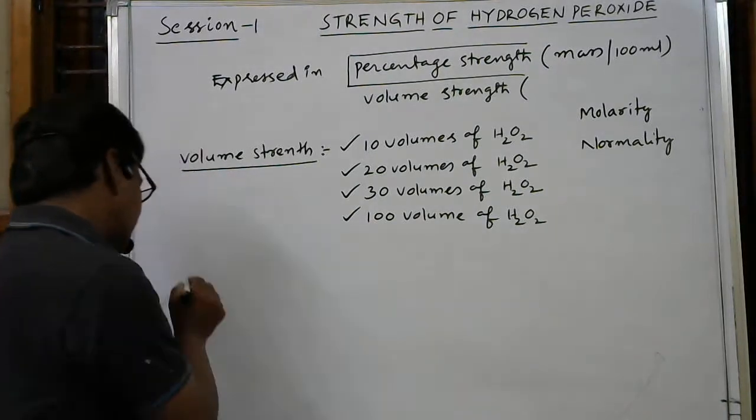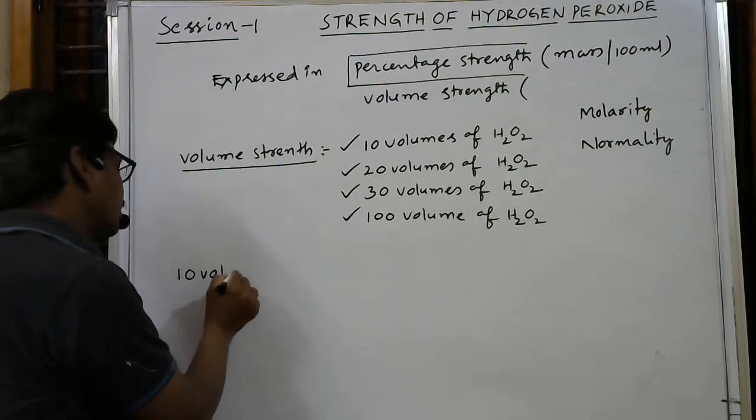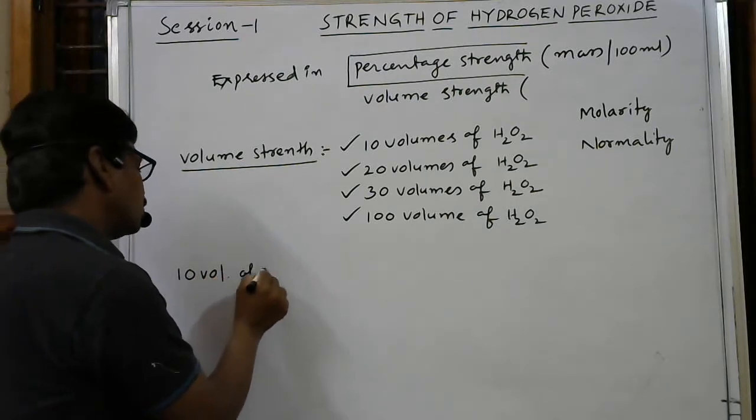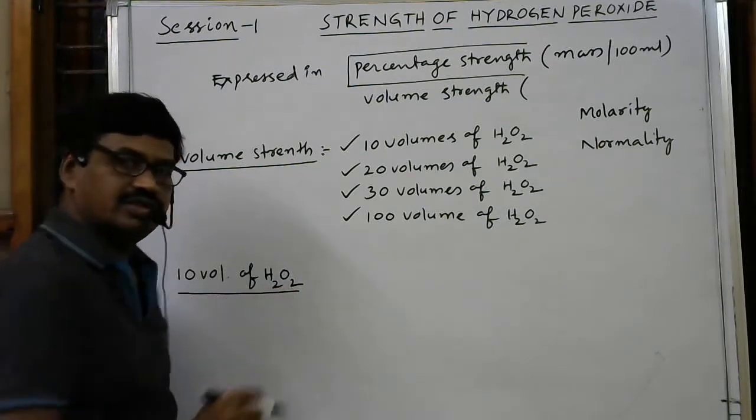See, first I am writing here what is 10 volumes of hydrogen peroxide, H2O2. For this you should know the meaning.